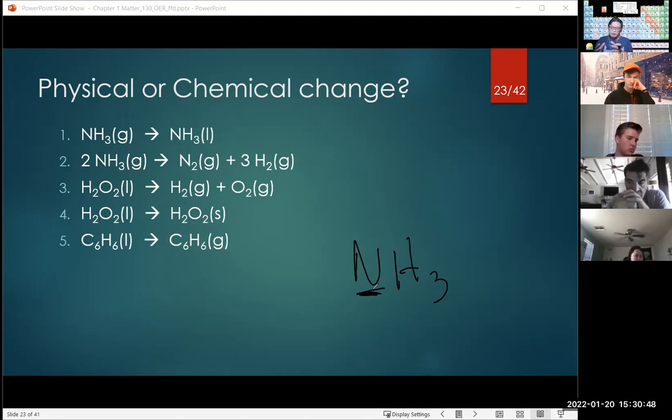And then what follows the central atom are all the other atoms that are bonded to the central atom. We're going to learn that here we have nitrogen and then 3 hydrogens bonded to the central atom.